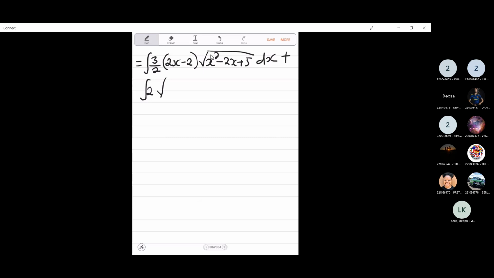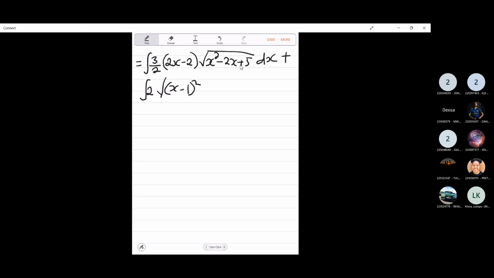Then, what we have under the square root here, we should complete the square. We get x minus 1 squared, then there's a minus 1, which we add to the 5, we get plus 4, dx. Integrating this one is what we were doing yesterday. Here you would say let u equal x minus 1, then du is just equal to dx.